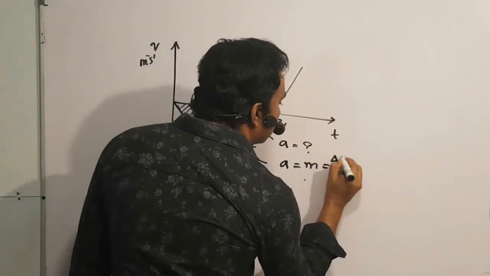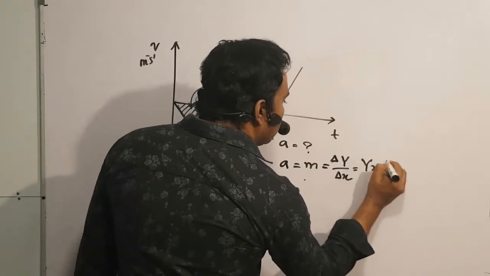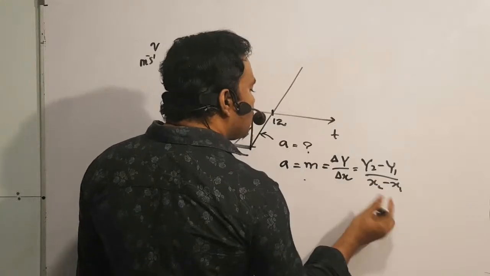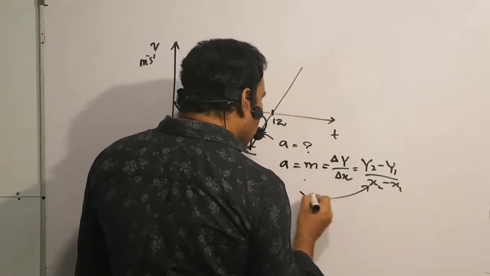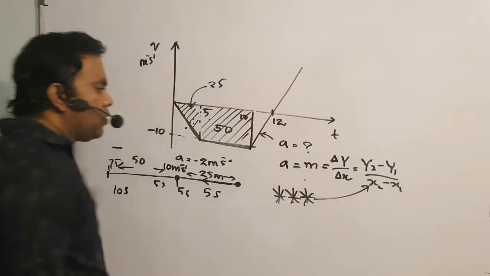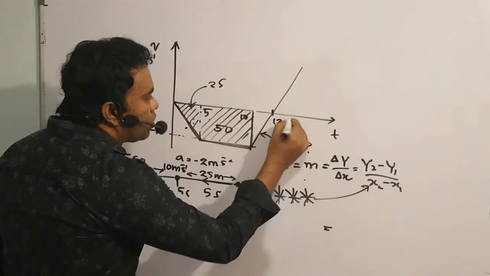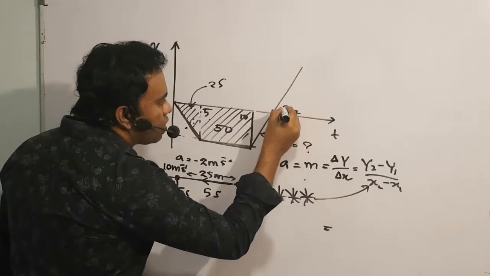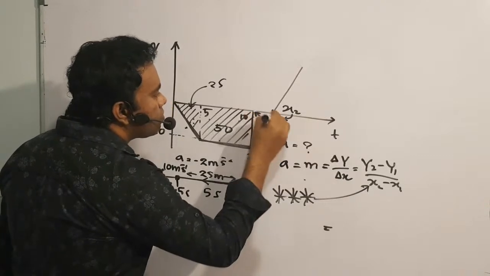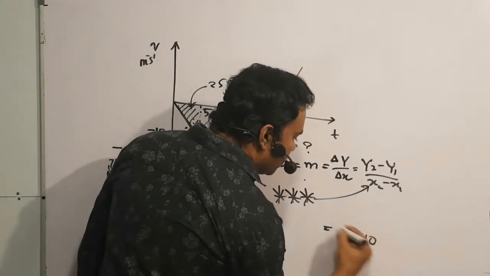Gradient equals delta y upon delta x, simply y2 minus y1 over x2 minus x1. My advice, very important, is to first substitute the denominator values. What is x2? Here it is 12. X1 is 10. So 12 subtract 10.